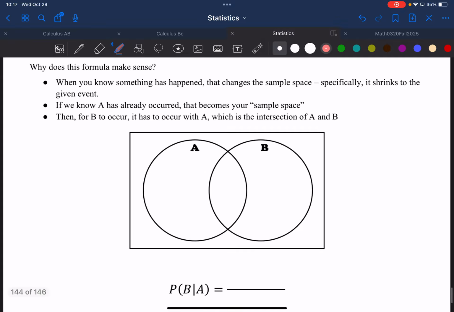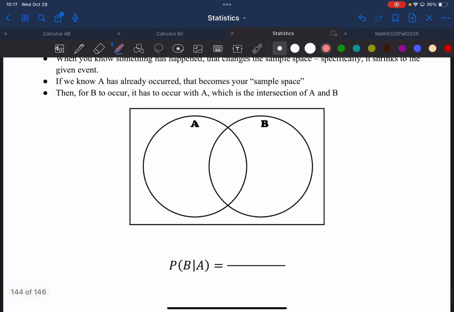It says, why does this formula make sense? When you know something has happened, that changes the sample space. So if we know A has already occurred, that becomes your sample space. I'm going to say this has already happened. Then for B to occur, it has to occur with A. Where's the only part on here that B occurs with A? In the middle. That's this part right here.